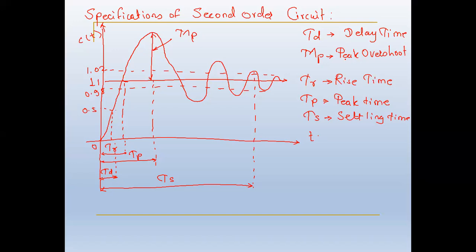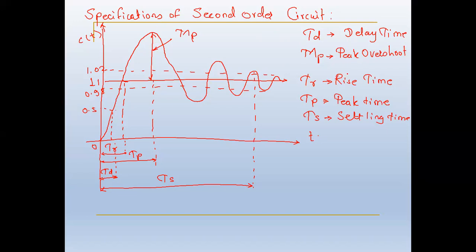Next, MP, the peak overshoot. The maximum overshoot is the maximum peak value of the response curve measured from unity, and it is therefore the largest error between the input and the output during the transient period.